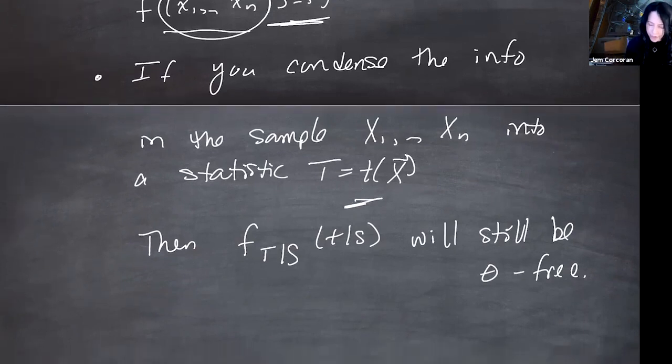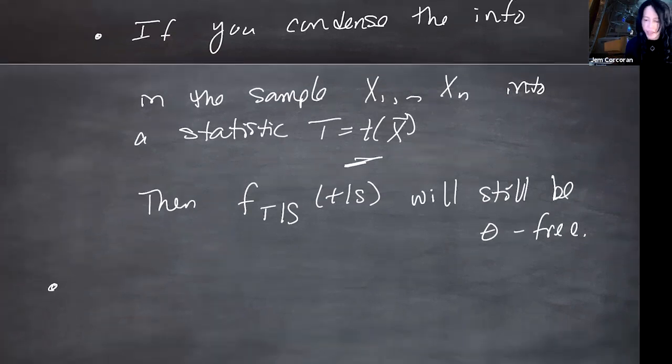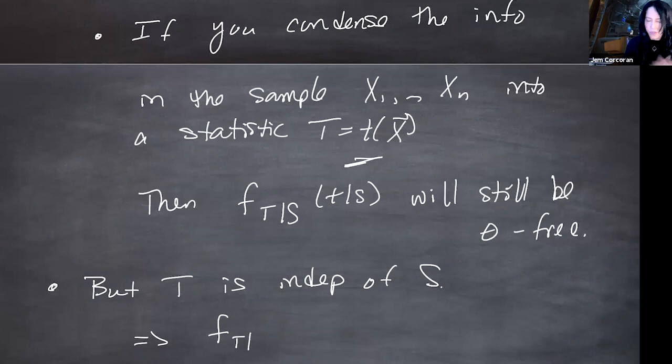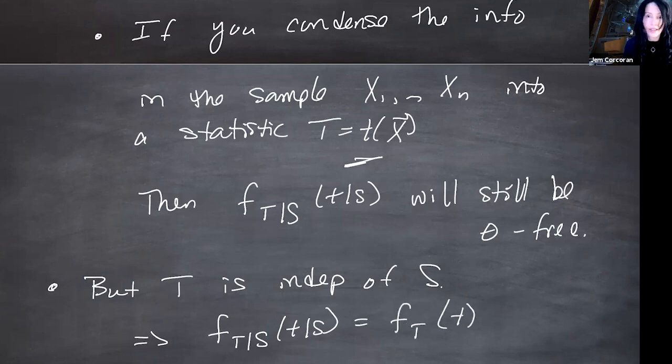And so the final thing I want to put here, which is a little hand wavy, is that T is independent of S. And so that means that the conditional PDF for T given S is just the PDF for T. The given S does nothing.